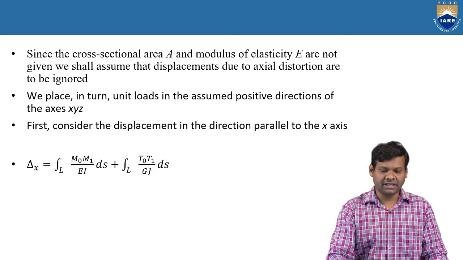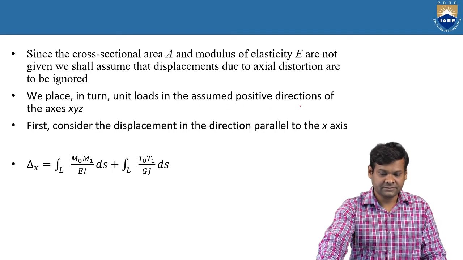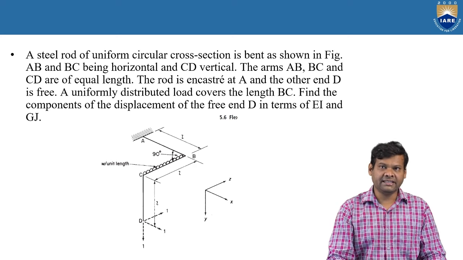We place in turn a unit load and assume the positive direction of XYZ. And at the tip, we are placing a unit load in the direction of X, Y, and Z.